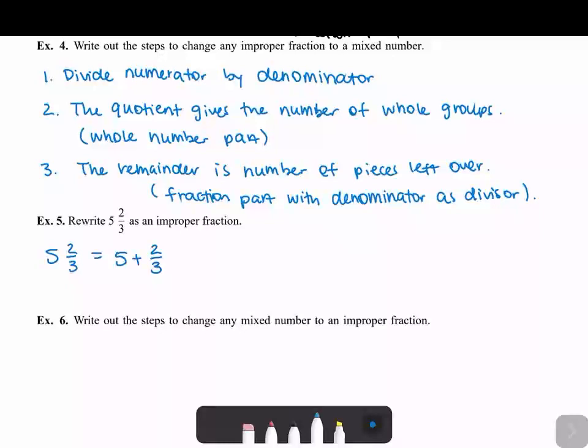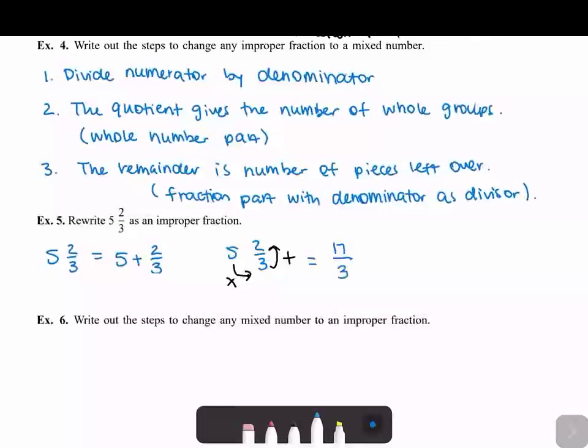Most people do it where you multiply 5 by 3, and then you add that to 2 to get your new numerator. So 5 times 3 is 15, plus 2 is 17. So this would be 17 over 3.